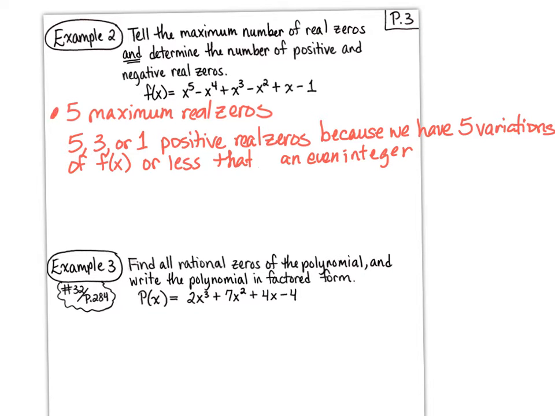So good. We found the maximum number of real zeros. We found the possibilities for the positive real zeros. How do we find the possible negative real zeros?